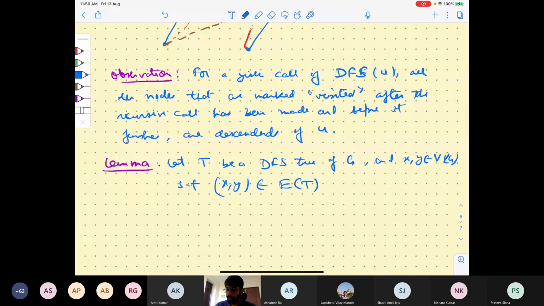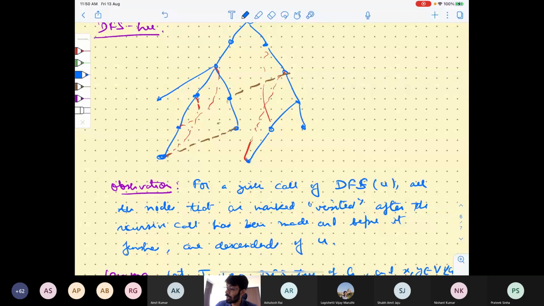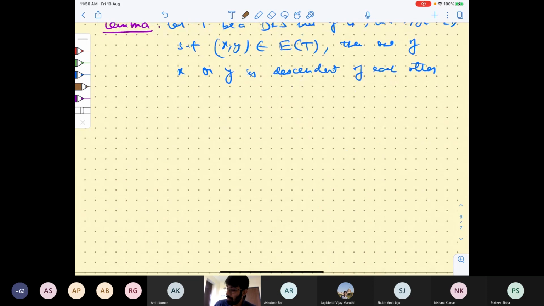Then one of x or y is a descendant of the other. So here these edges are not possible, because this node is not a descendant of this one, or the other way around. And how do you prove this lemma? I'll quickly give a proof.